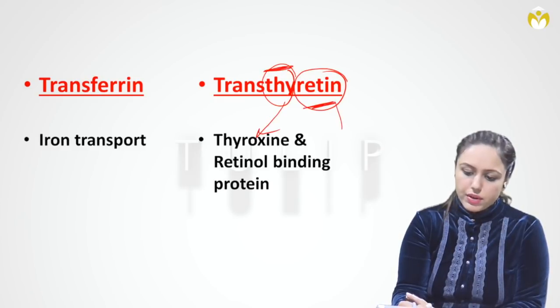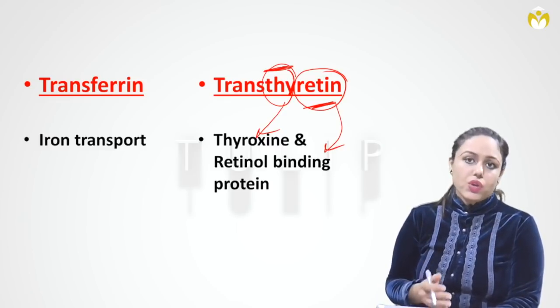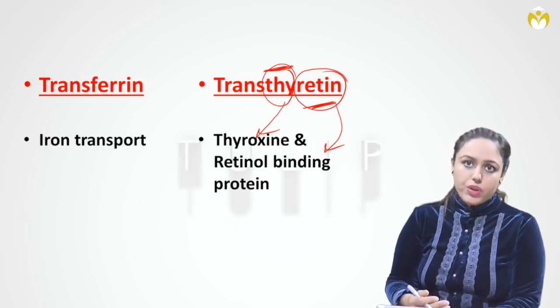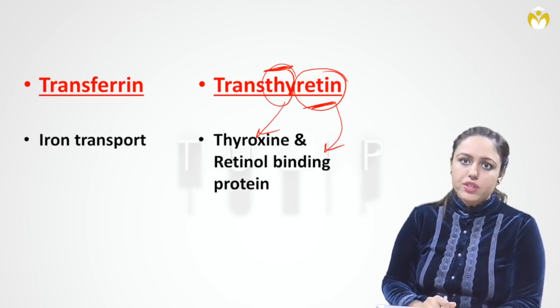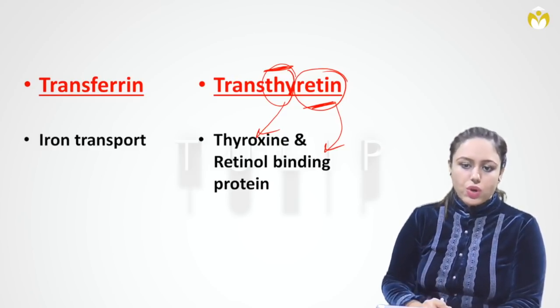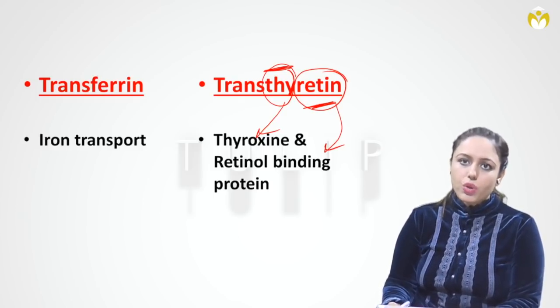Thyroxine and retin is retinol binding protein. So the name is telling you. Earlier, transthyretin was named pre-albumin because it was migrating faster than albumin on electrophoretic gel. But now the name is transthyretin, so it is for the transport of thyroxine and retinol binding protein.